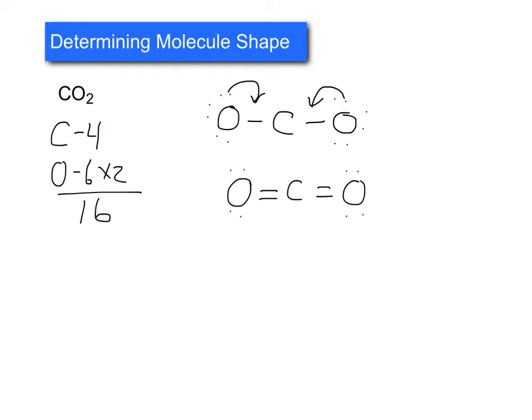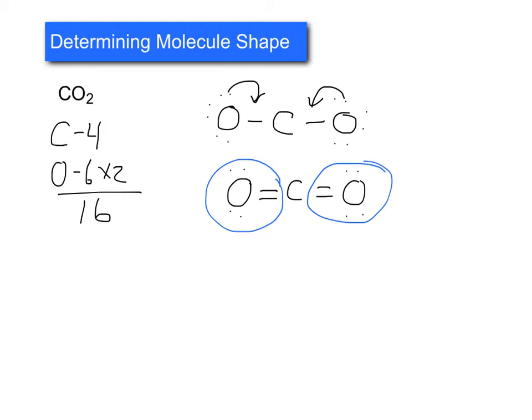All right, so now when we determine molecule shape, we want to know how many things are bonded to the central atom and how many non-bonding pairs it has. So carbon has 1 oxygen and 1 oxygen, and it has no non-bonding pairs. It doesn't matter that there are non-bonding pairs on the oxygens.